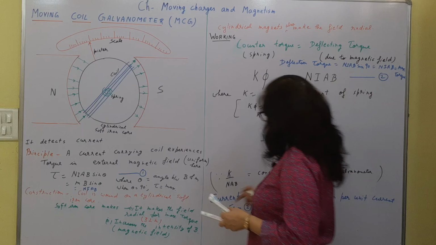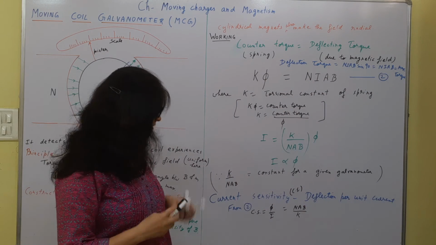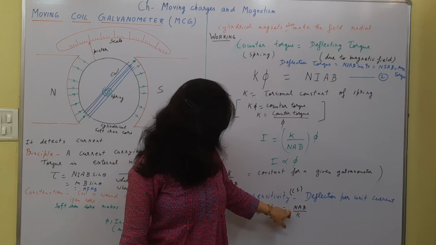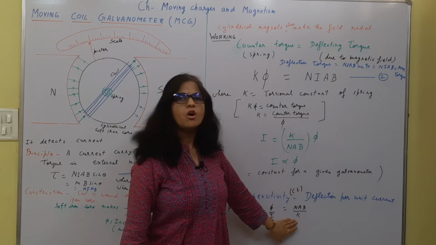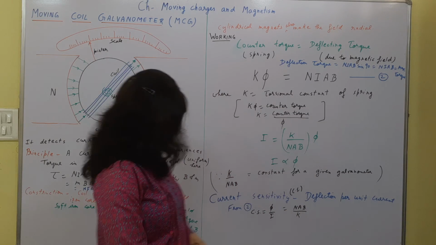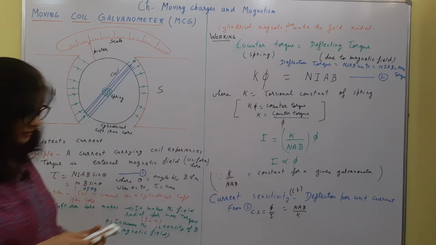Now when we talk about changing the current sensitivity, it can be changed by changing number of turns, area of cross section of the coil, changing the magnetic field, or the torsional constant, which depends on the material of the spring, right?